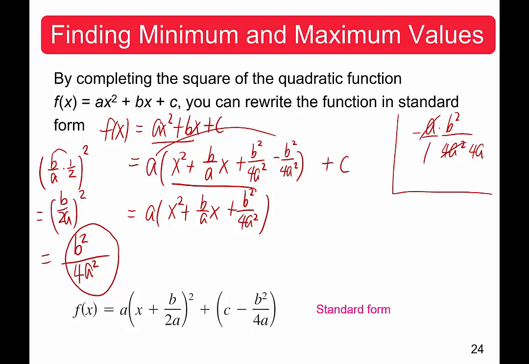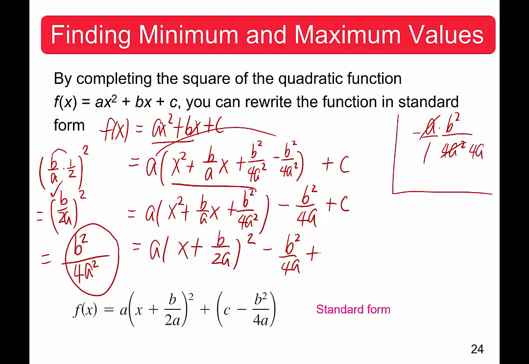So eventually, when we simplify, we end up with negative b squared over 4a, plus c. Inside the parentheses is the perfect square. So it's a times x plus b over 2a, squared, minus b squared over 4a plus c. If you switch the last two terms, you end up with that, and we have completed the square to turn into standard form.